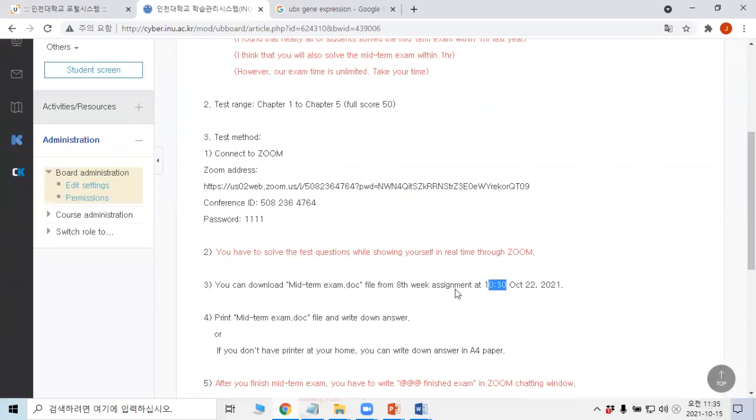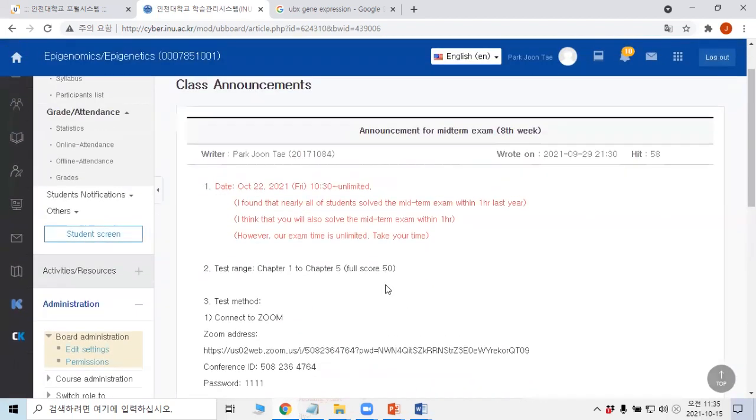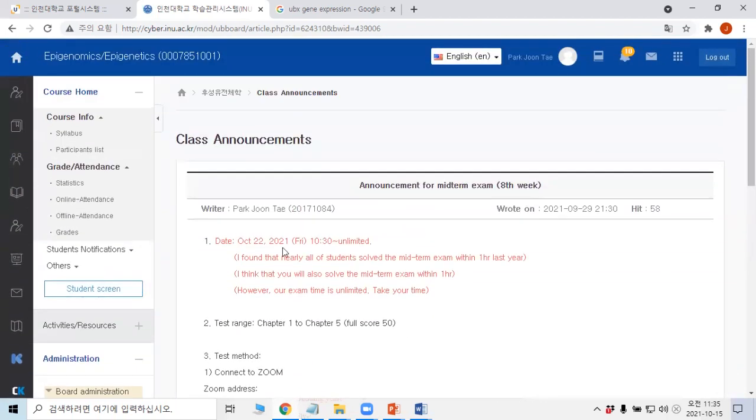From 10:30, you can download the midterm exam file. From 10:25, I will check that everybody is ready to take the exam, because I will check your camera status.